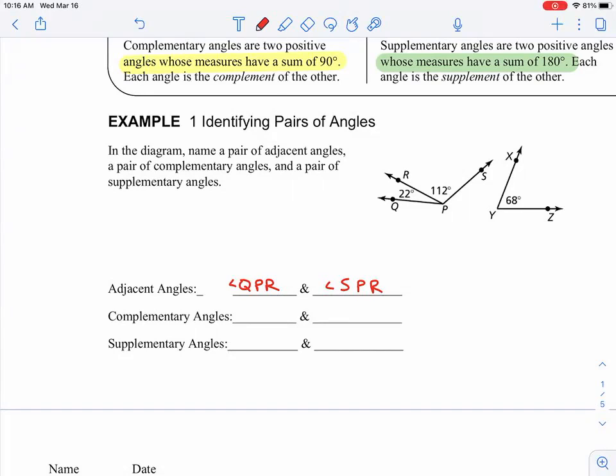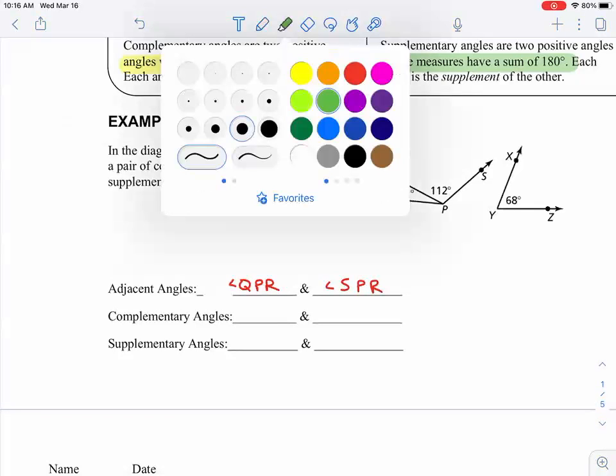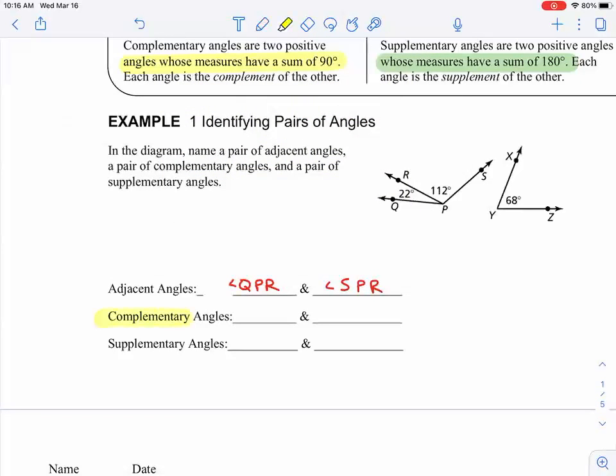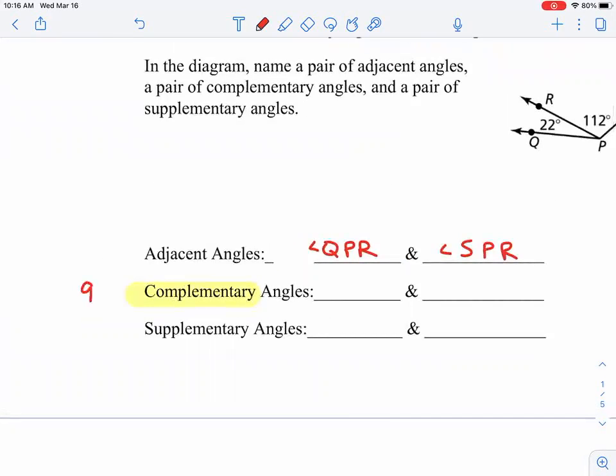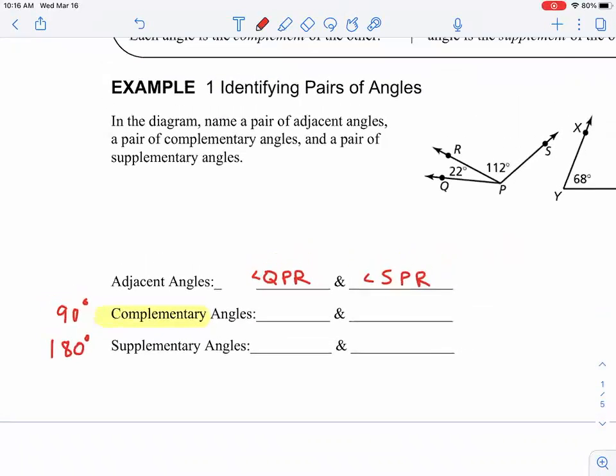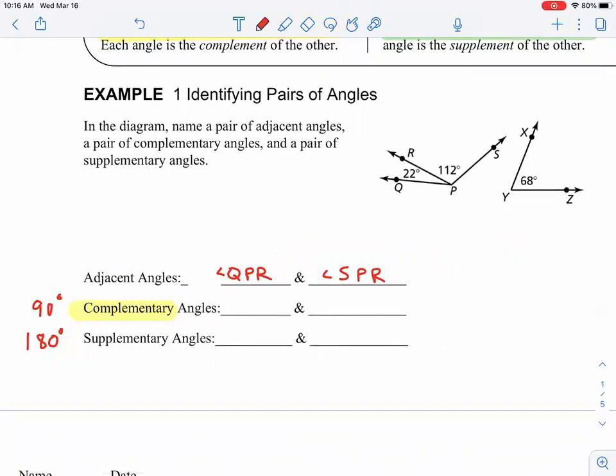Now, which angles are complementary? Well, complementary, remember, means they add up to 90 degrees, whereas supplementary is 180 degrees. Sometimes people remember that because they're in alphabetical order, C before S and 90 before 180. So which ones add up to be 90 degrees?